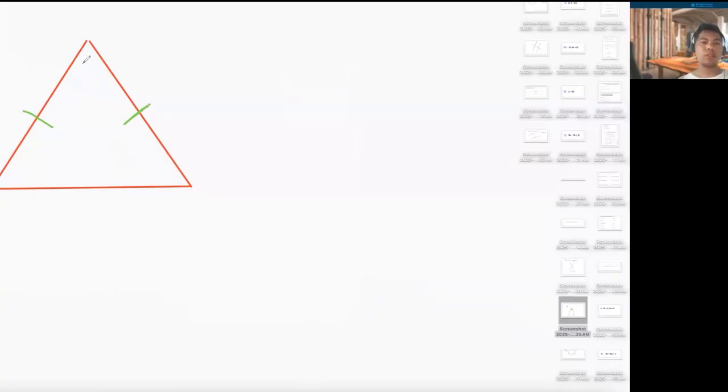And let's say this is 60. Let's say this is 70. So what is the value of angle X? Let me not use the yellow one. What's the value of X then? Okay, solve for that.